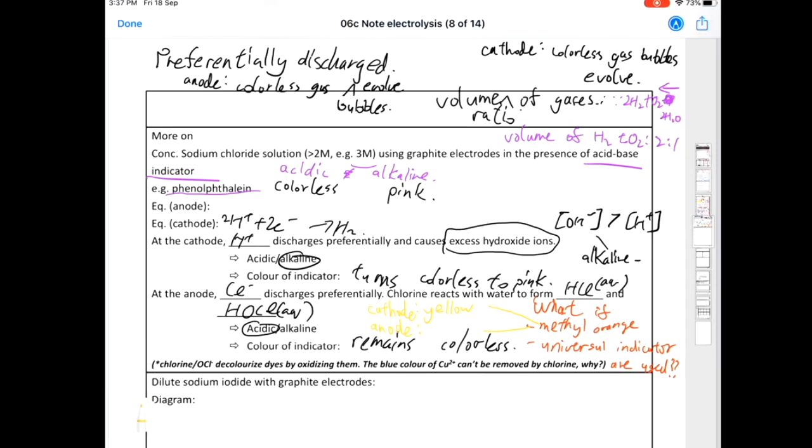And then what happened in the cathode? Will it become acidic or alkali? Cathode will become alkali. So this color will remain yellow.